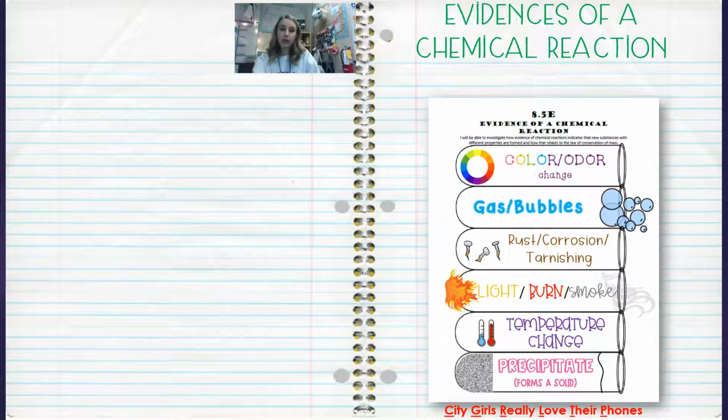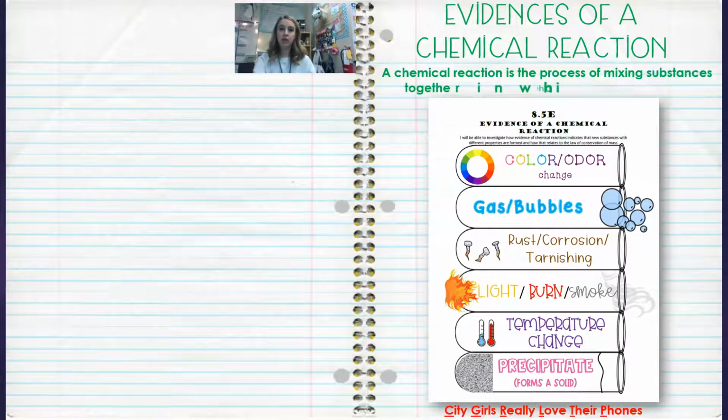So first of all, we are going to review what a chemical reaction is, because we're talking about what the evidences of a chemical reaction are. Okay, so here's the definition. A chemical reaction is the process of mixing substances together in which new substances are created. The two most important things about a chemical reaction are that it has to involve mixing two or more things.